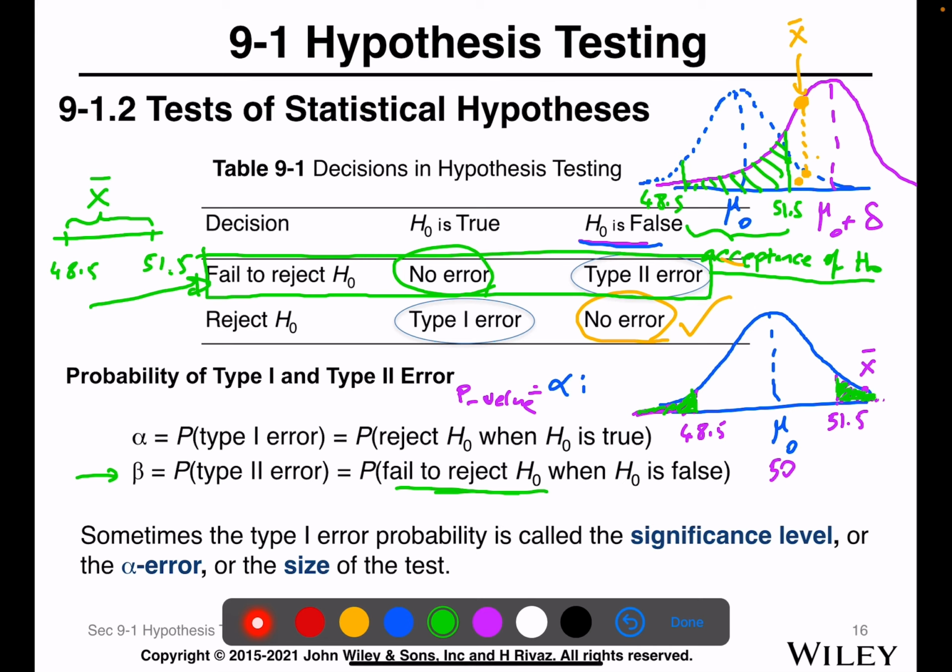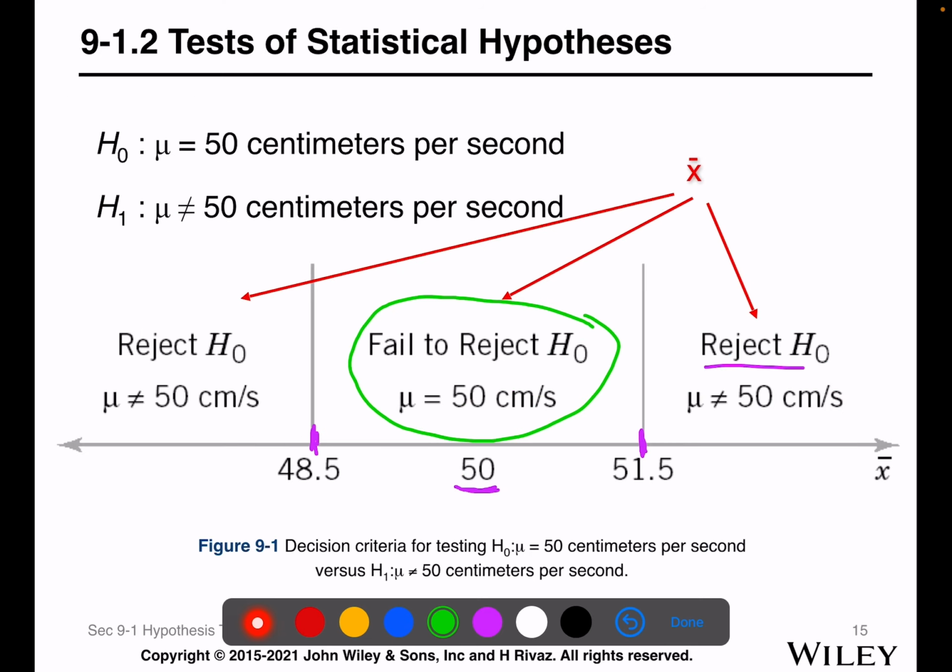If X bar happens to be in that range that we accept, that means that either H0 is true and we are here, which is good, or another possibility is that H0 was actually false, but I didn't realize that it's false, and I suffered from type 2 error, right? That's why we call this fail to reject. We don't say H0 is correct, right?